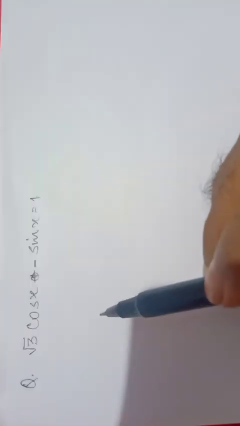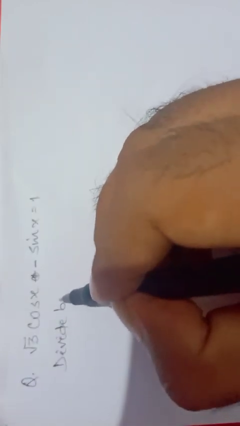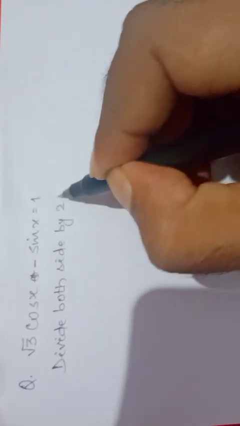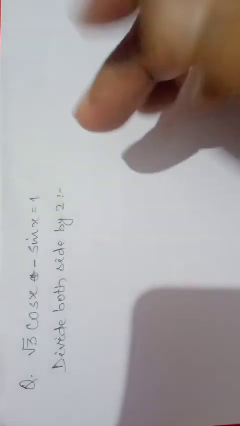First of all, see how we find the term. Divide both sides by 2. See how we get it.